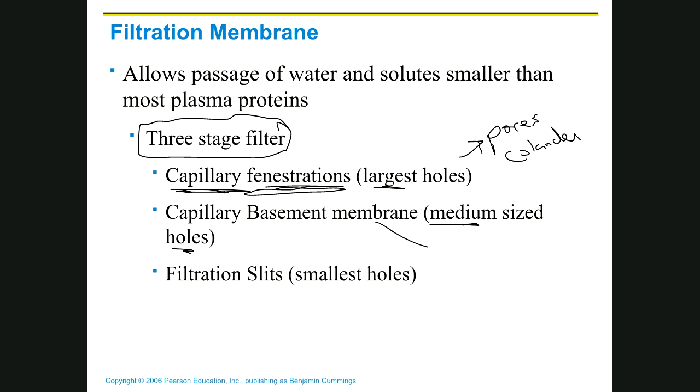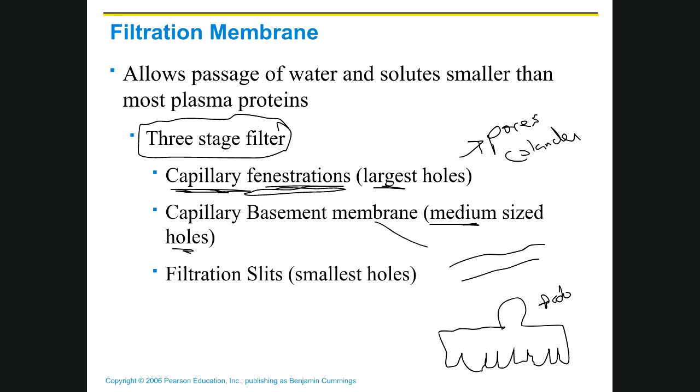But then don't forget, wrapped around the capillaries in the kidney, we have these big cells that have these feet. Remember, they're called podocytes. And those podocytes wrap around, and another one comes and wraps like this, and they interdigitate. What they create are filtration slits, and these are the smallest holes.